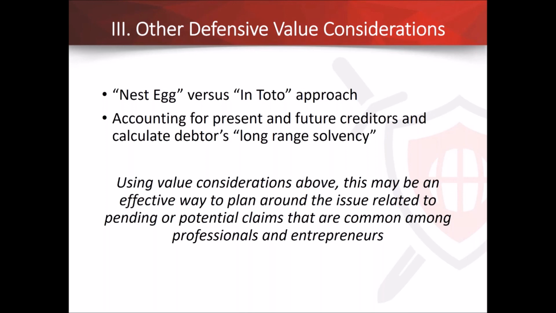If it's possible that it's very large and that liability could cause insolvency, even by $1, let's say by $10,000, let's go ahead and expose intentionally some asset or some portion of an asset so that we're not insolvent at the time of transfer. And that's the nest egg approach.